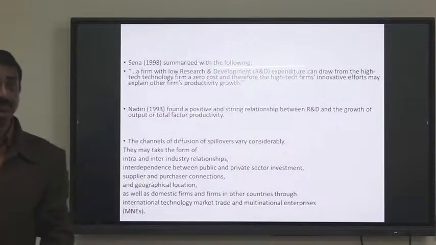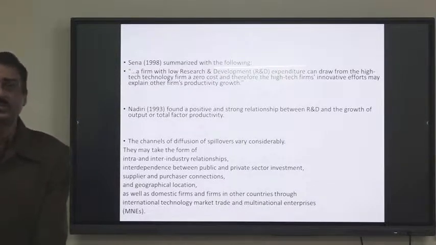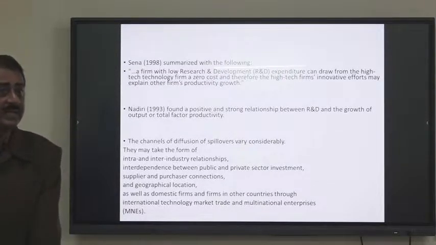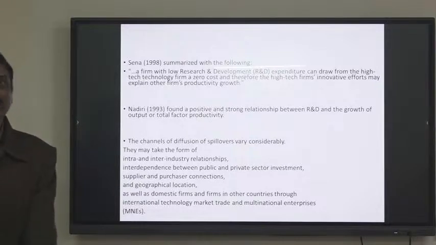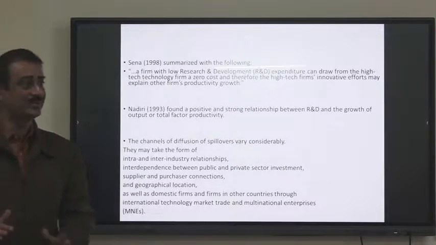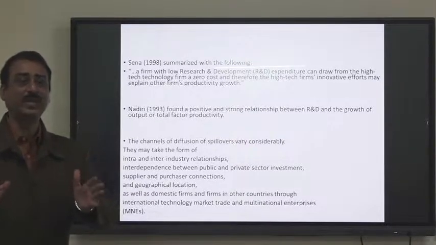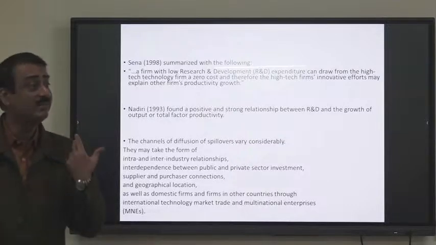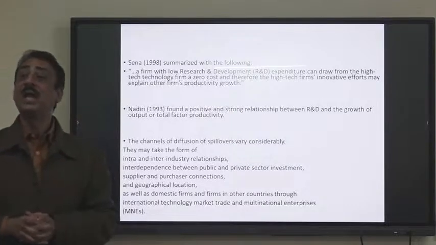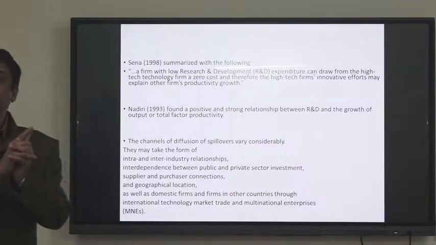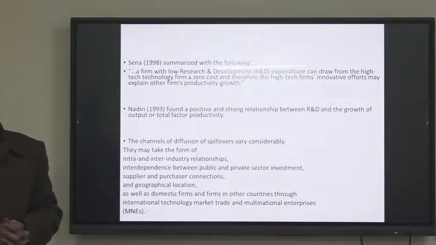So the institution of private property is very, very important. Suppose I have set up an industry and tomorrow the state government or national government says that it can take over. Then naturally I don't have any confidence to make more investment.